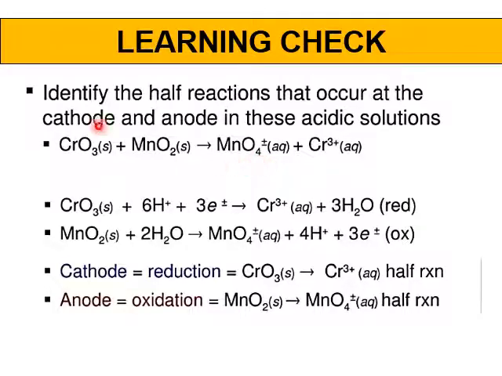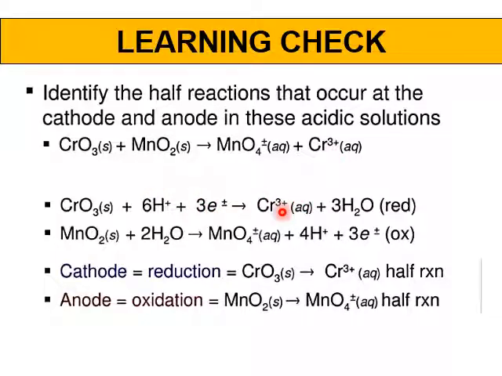So what we can say here, okay, how many electrons have been transferred here. Okay, in this case, alright, so chromium will accept 3 electrons to become chromium 3 plus.